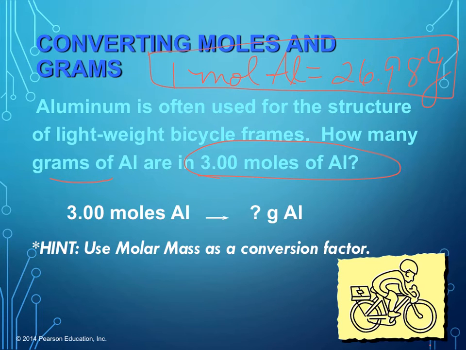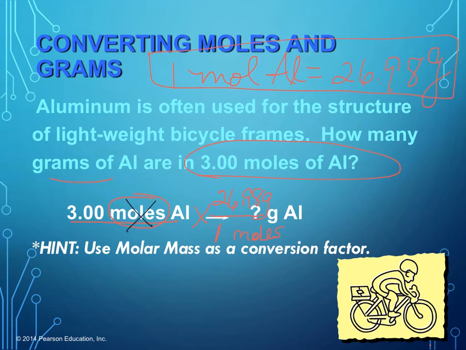So let's go ahead and set up. We have 3 moles as our given starting information. Since moles is in the numerator in our starting information, we need to arrange our conversion factor so that moles is in the denominator so that the unit moles cancels out. Remember, the number 1 goes in front of mole all the time, which means the 26.98 grams goes in the numerator.